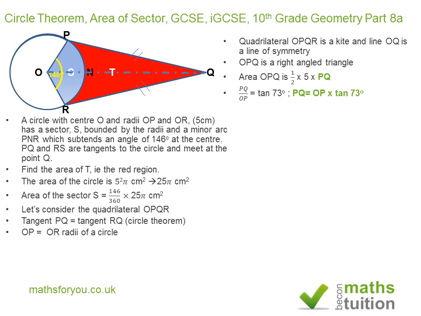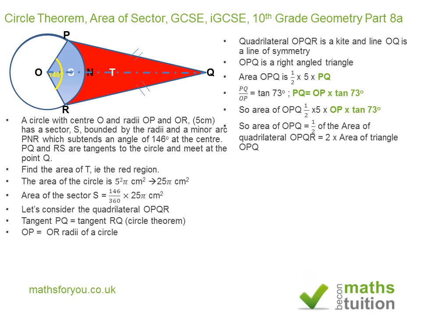That means PQ is equal to OP times tan 73 degrees. So this area OPQ now becomes a half times 5 times PQ, where PQ is OP times tan 73 degrees, and OP is 5.